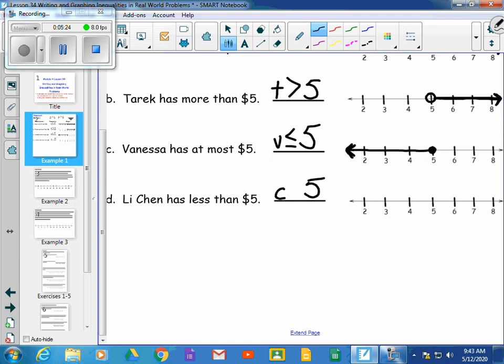No. So I need symbols that tell me his money has to be smaller than 5. To graph the possible values, we would put an open circle on the 5, and we would draw an arrow to the left. That shows all the values to the left of 5 on the number line, including the parts in between the integers, are true.